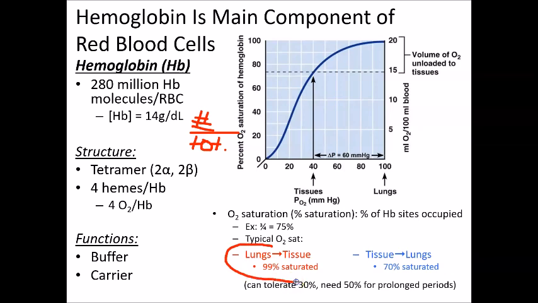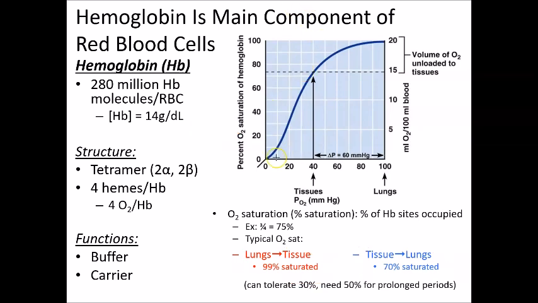When blood comes out of the lungs and into the arterial tree, it's about 99% saturated, which means that 99 out of every 100 hemoglobin sites are carrying oxygen. By the time it gets back after circulating through the body to the lungs, it's only about 70% saturated. So that difference is the oxygen that was picked up and used by the tissues.